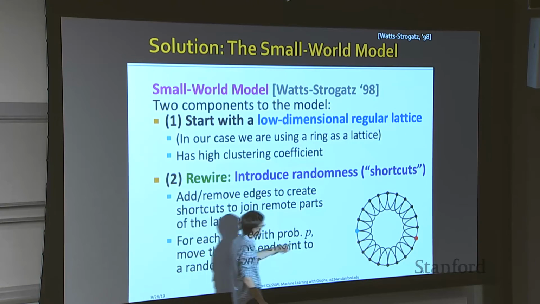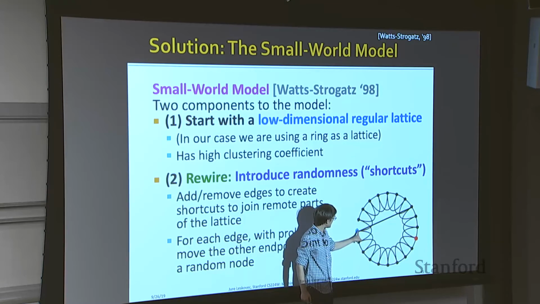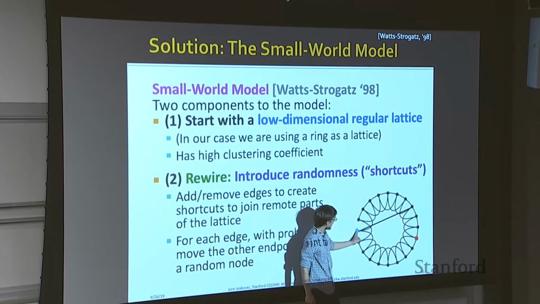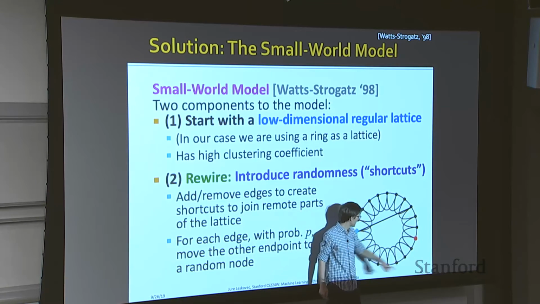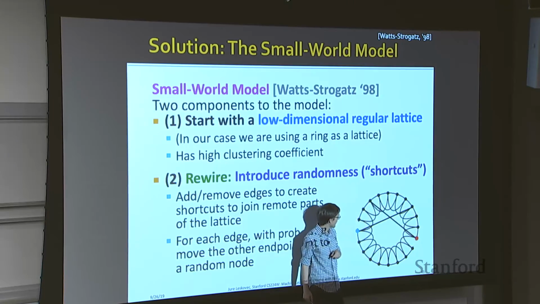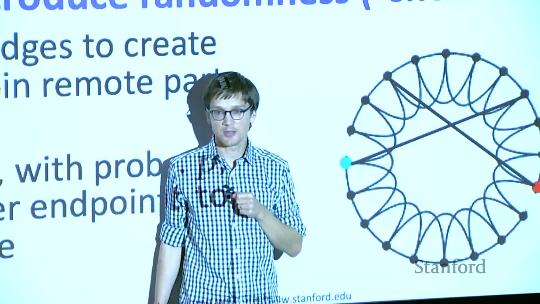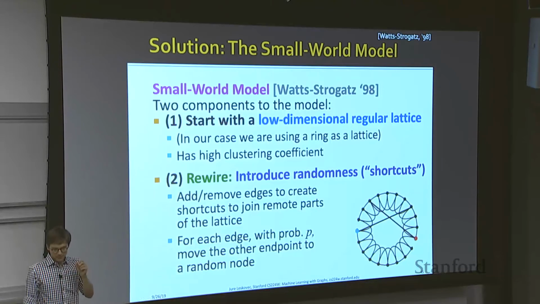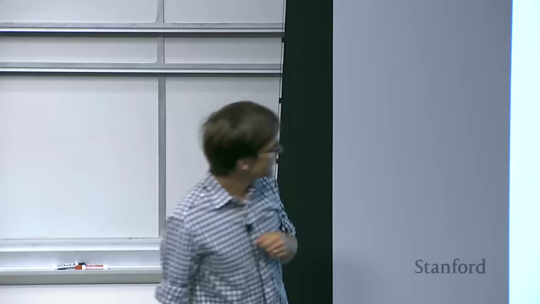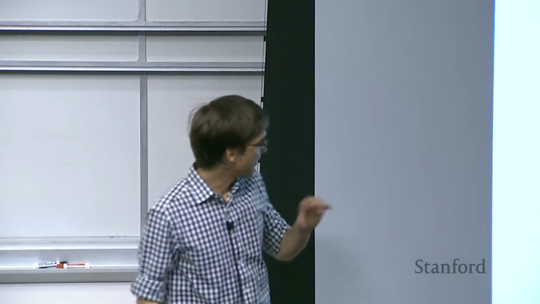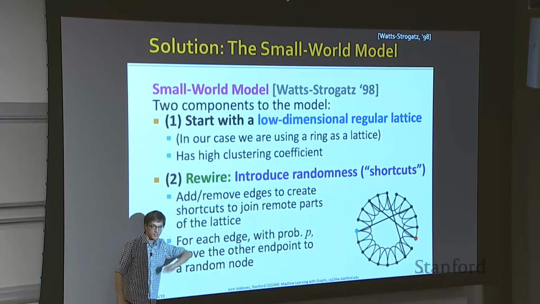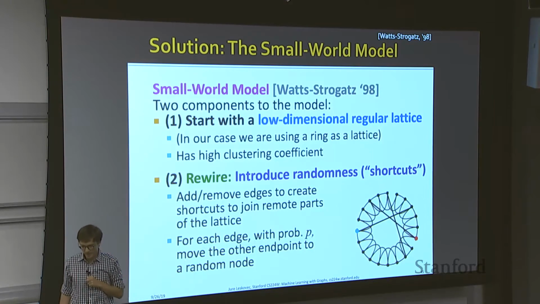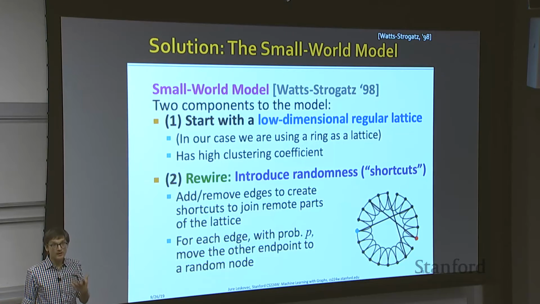For example, if I pick this node, I would take one of its edges and rewire it somewhere randomly. And then I would maybe pick another node, take one of its edges and rewire it randomly, right? And I will do this for only a small fraction p of all the edges. I can keep doing this for every edge: I flip a coin and decide whether to randomly rewire it or not. And the question is, what kind of graph do I get?